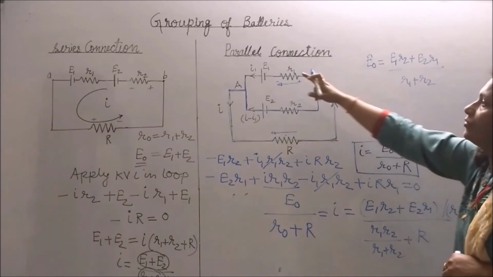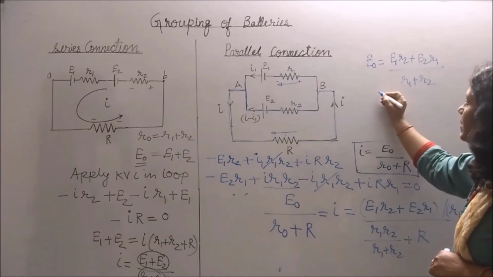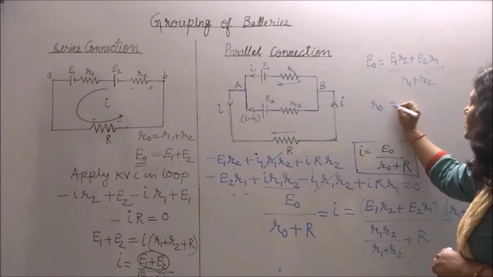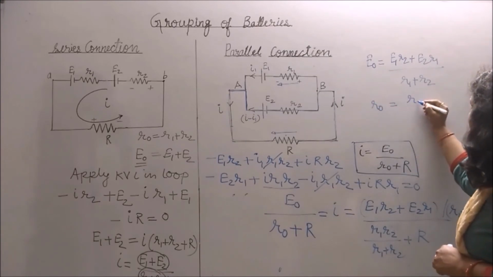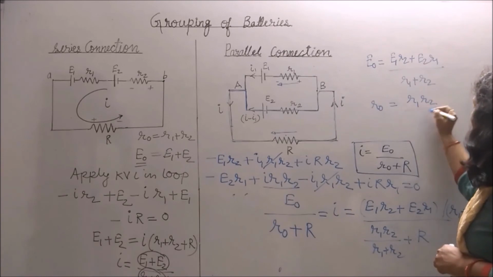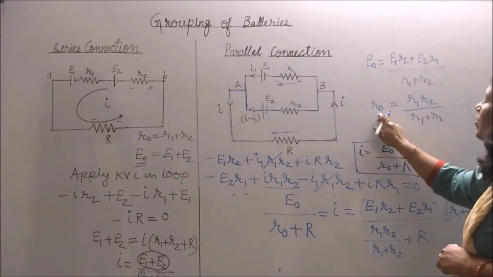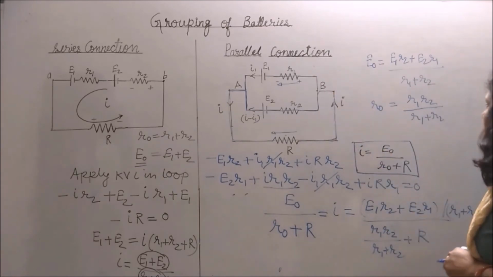This is the equivalent of two EMFs connected in parallel, and their internal resistances R1 R2 over R1 plus R2. This is the equivalent of the internal resistance.